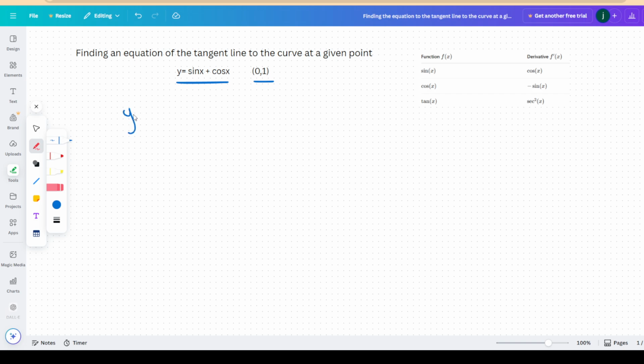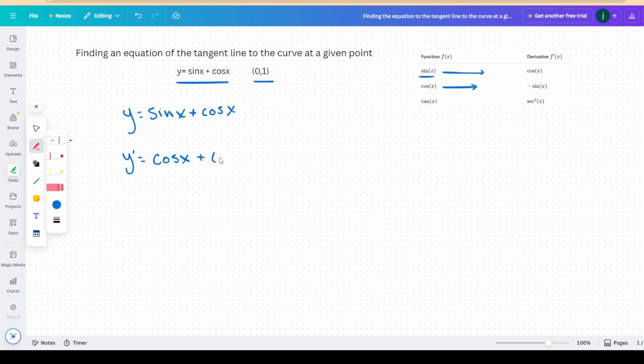So if y equals sine x plus cosine x, we're going to figure out what the derivative y prime is going to be equal to. We can look at our trig functions and our derivative rules, and we see that the derivative of sine x is cosine x, and for cosine x, our rule is that it's negative sine x.